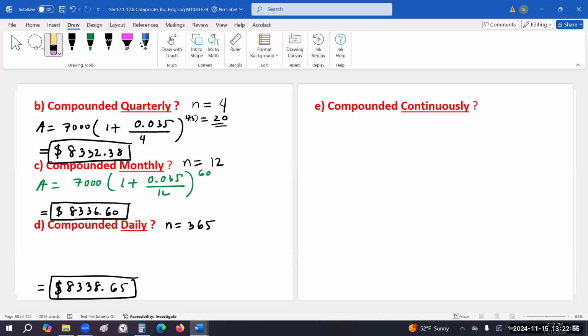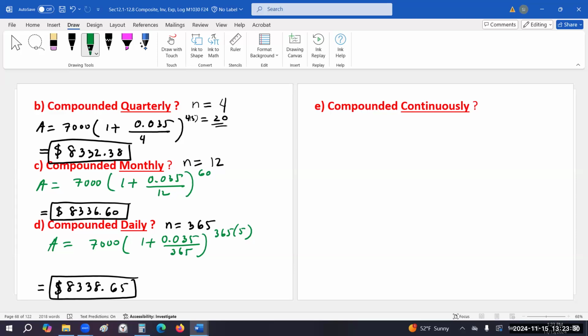So for the next one, our final amount. For the final amount, we have 7,000 times 1 plus 0.035 over 365, and 365 times 5. So show me your formula and then the answer. You don't have to do this many steps.